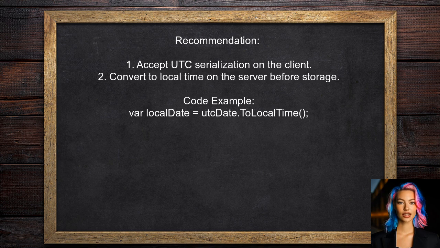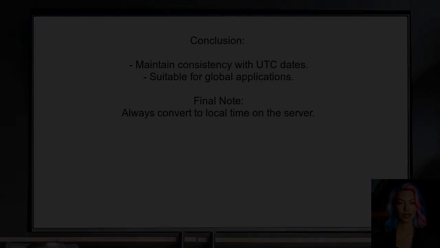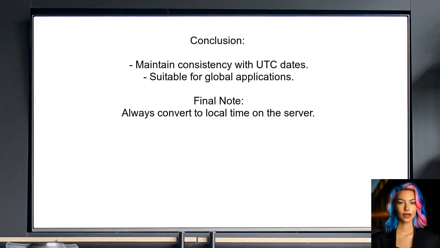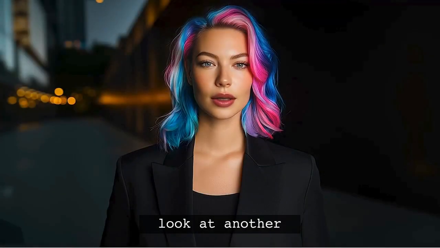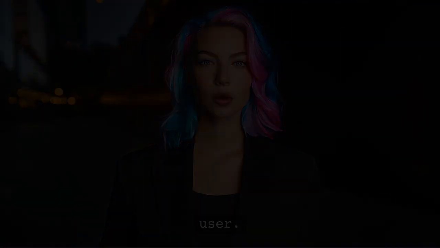They recommend converting UTC dates to local time on the server side before storing them in the database. They conclude that this approach maintains consistency and avoids complications with time zones, making it suitable for global applications.